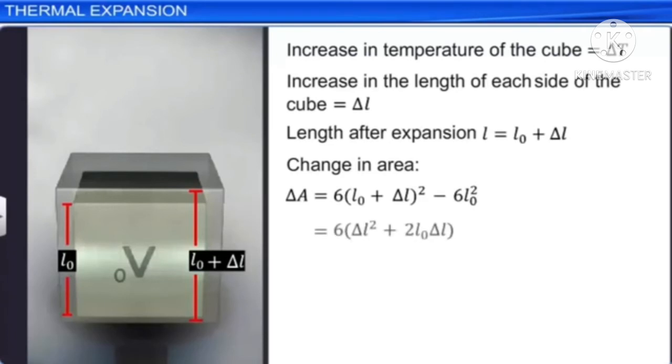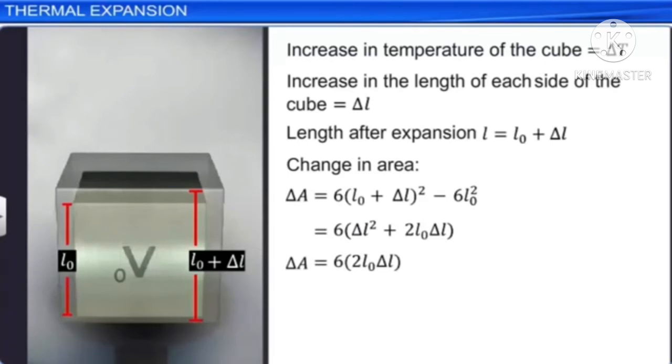This is equal to 6 into delta L square plus 2 L naught delta L. The term delta L square can be ignored as the value is negligible. Then we get delta A equal to 6 into 2 L naught delta L.